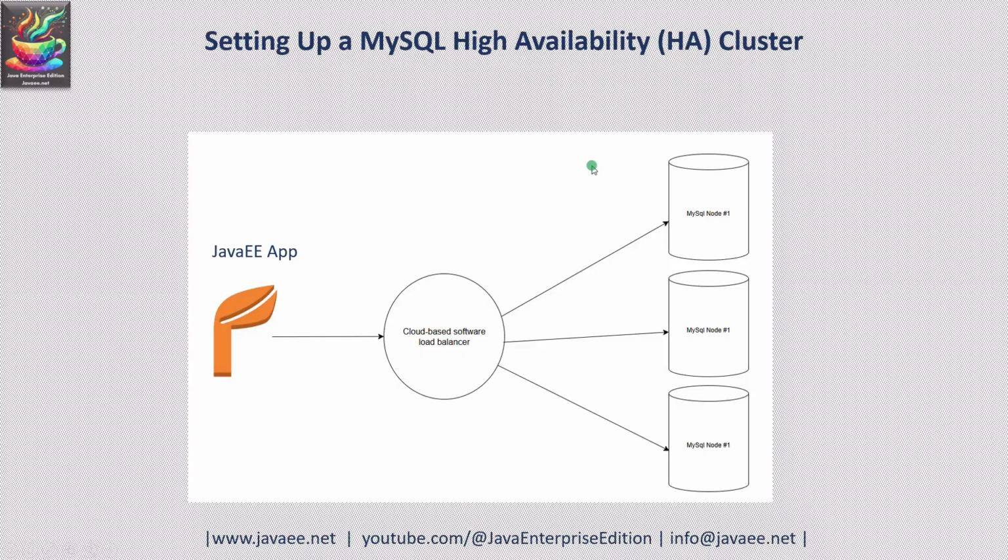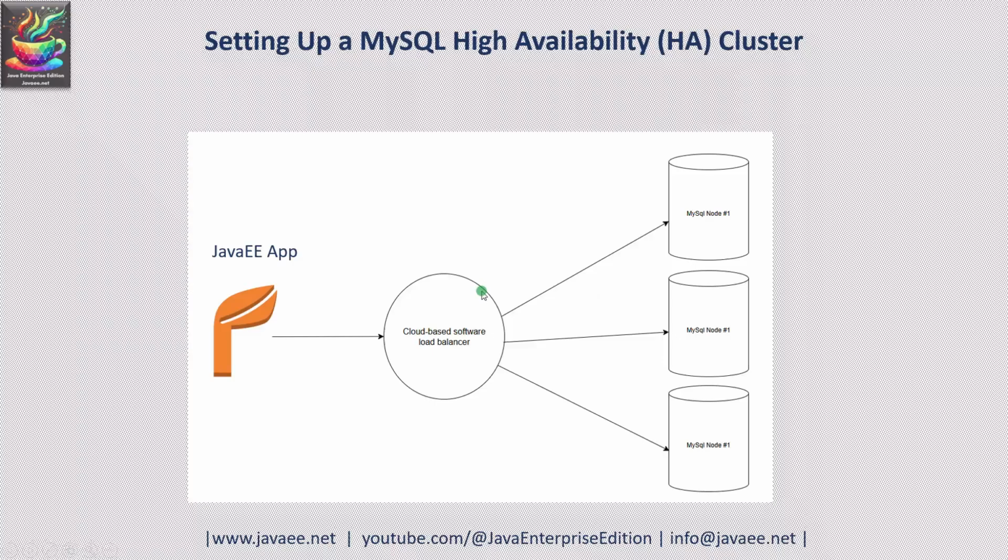MySQL cluster. So this is a simple application architecture that I created for demo purposes. I have a Spring Boot application that I've created, which I'll show you in a later part of this session. This application talks to a cloud-based software load balancer, which is sitting inside the Hetzner Cloud.